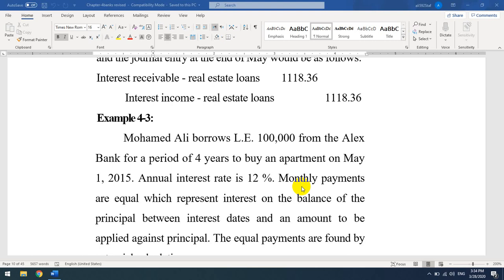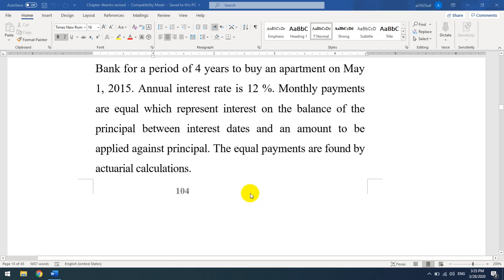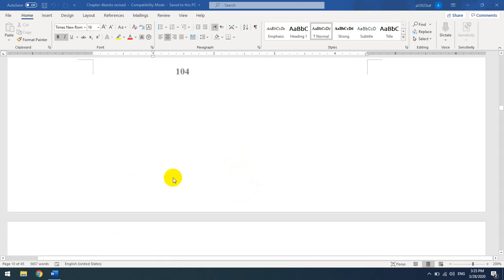So each annuity will include part of interest and another part from the principal of the loan. The annuity, the amount that should be paid each month or each year, has to be calculated using actuarial calculations.